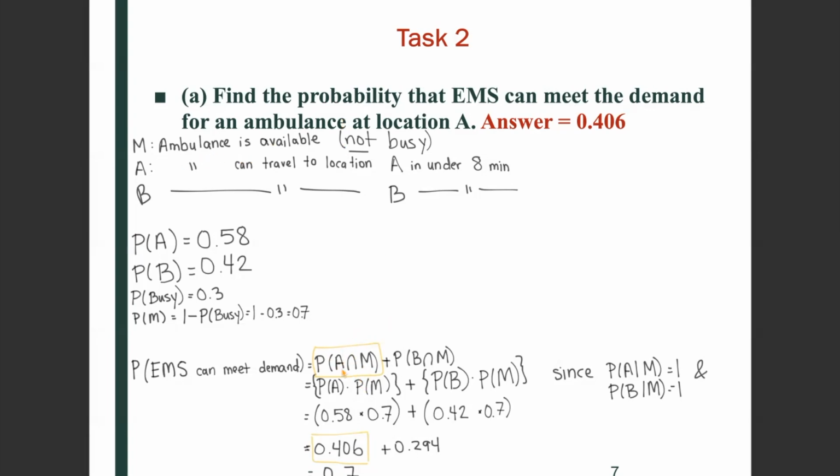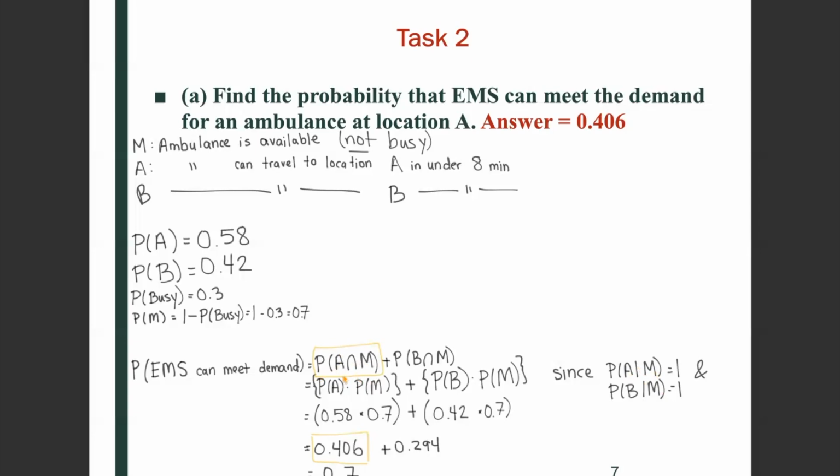Since the probability that the ambulance can travel to location A, given that it's available, is equal to 1. So it obviously has to be available in order for it to travel to A. And likewise for B, but we can get into that later. Right now, we're only interested in this first situation.